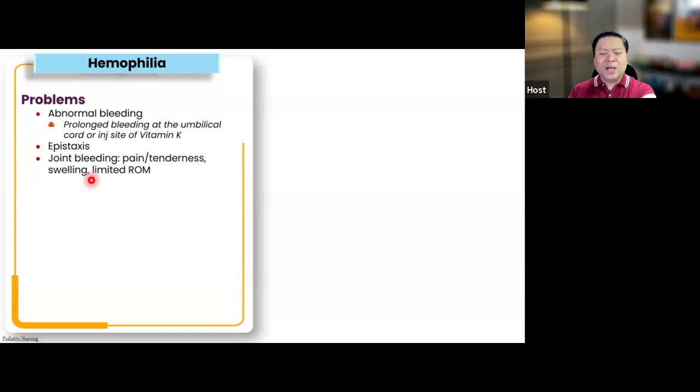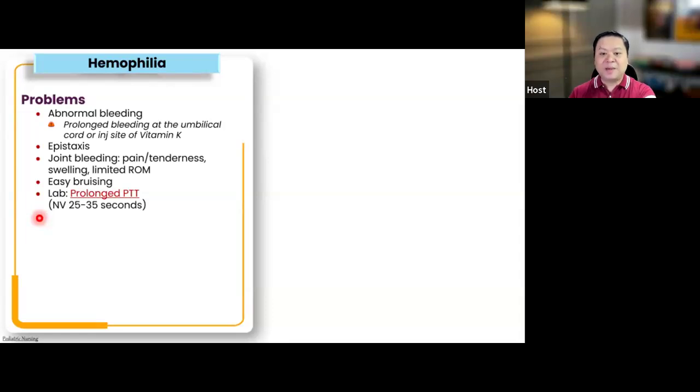Now, when we are looking into their laboratory data, there will be prolongation of the partial thromboplastin time, which normally should only be 25 to 35 seconds. Anything above 35 is already considered prolonged partial thromboplastin time.